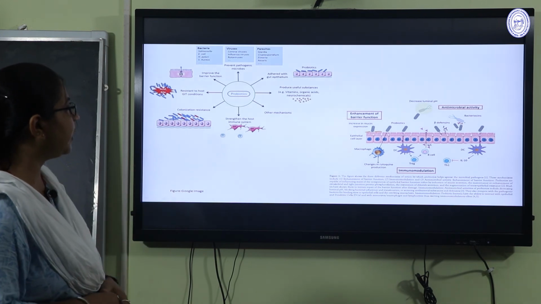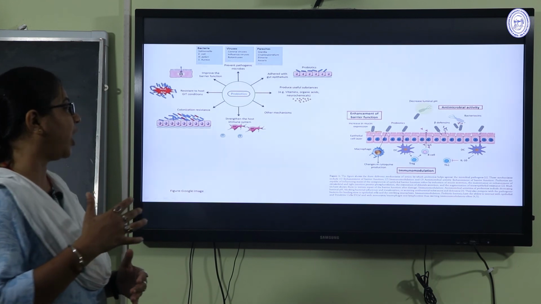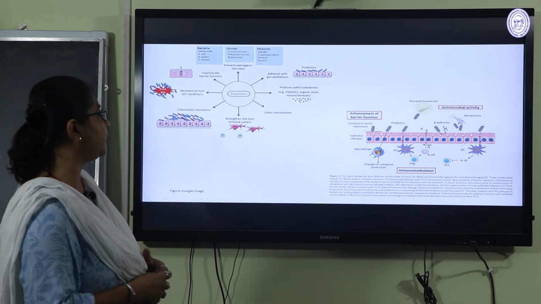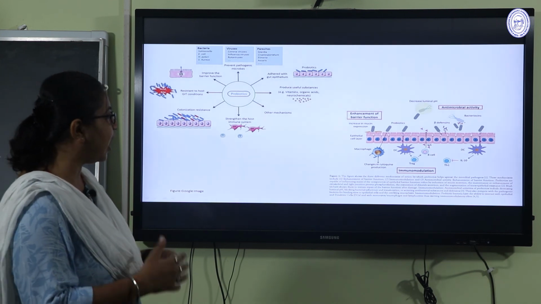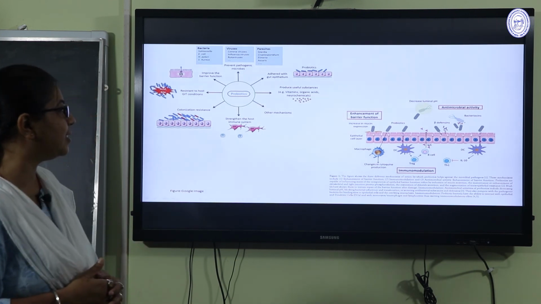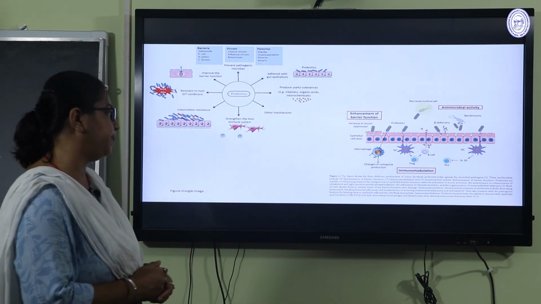Enhancement of the barrier function helps in tight junction protein phosphorylation and restoration of chloride secretion, and helps in induction of mucin secretion by maintenance or enhancement of the cytoskeletal and tight junction function.